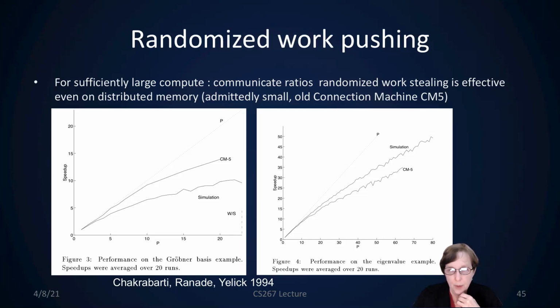The badly load balanced case happens when the eigenvalues are very clustered. And even though this was running on distributed memory, it actually did scale reasonably well.